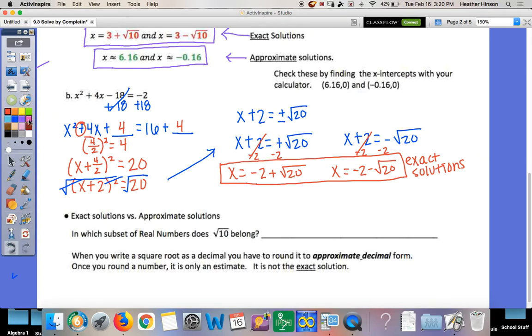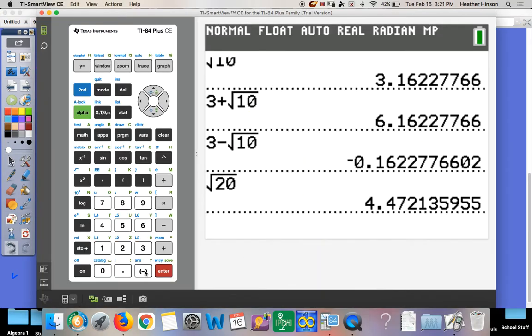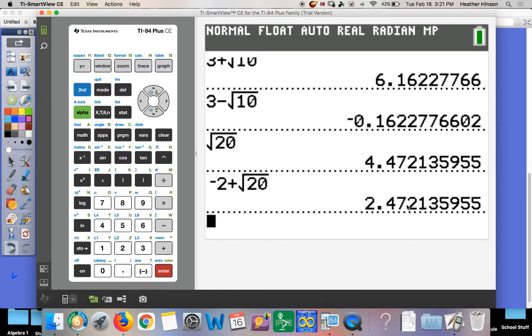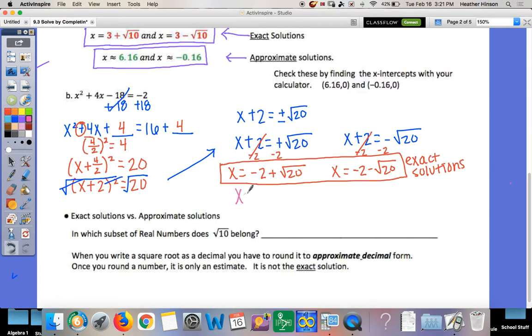How do you get your approximate solutions? We're going to plug that into the calculator. Negative 2 plus square root of 20. And round it off. We always round to 2 decimal places. So 2.47. And then the same thing over here.